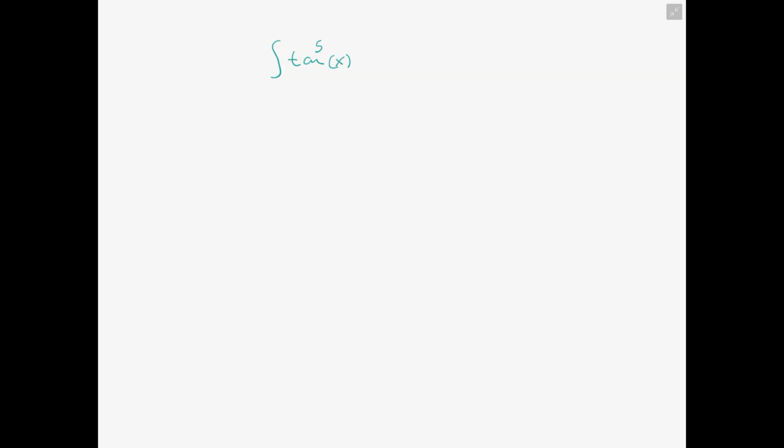Now, oh, here's a cool one. We've got tangent to the 5th x secant squared x dx. So what we say is u equals tangent x, du equals secant squared x dx, and this is then u to the 5th du.